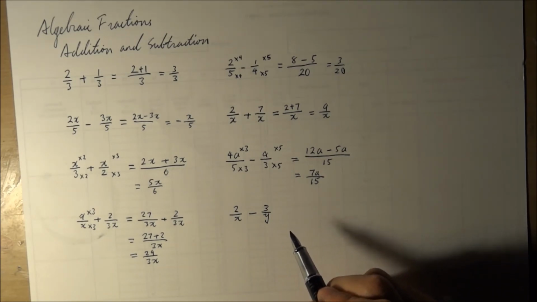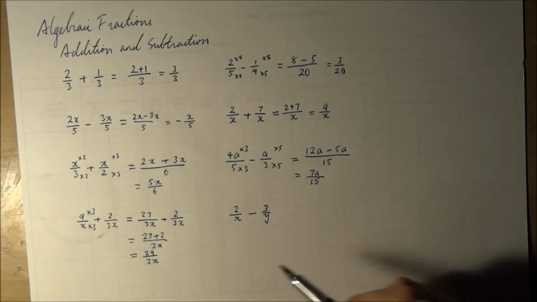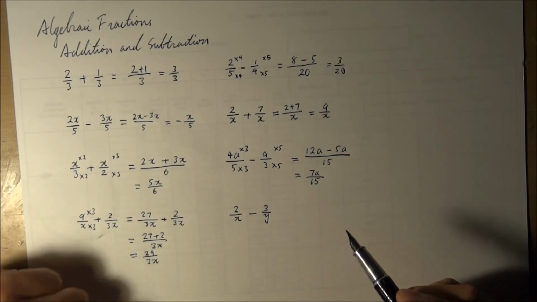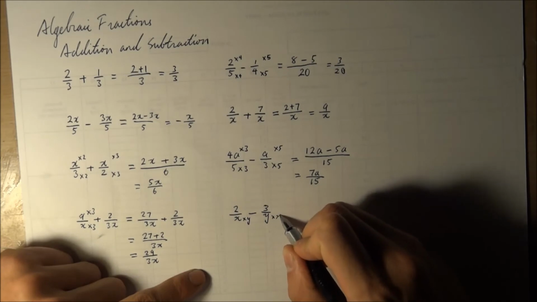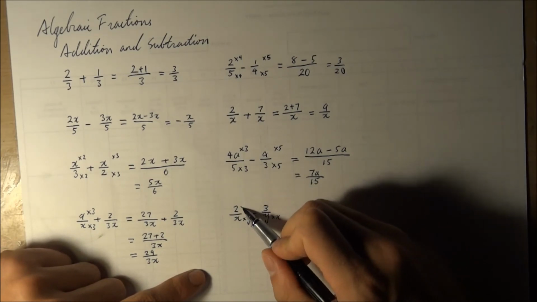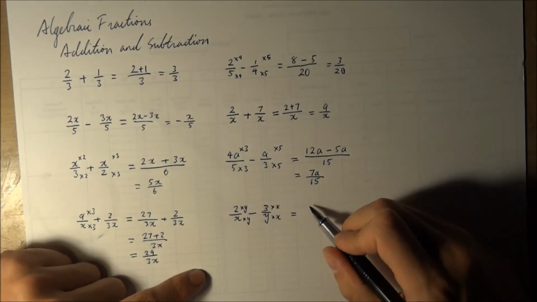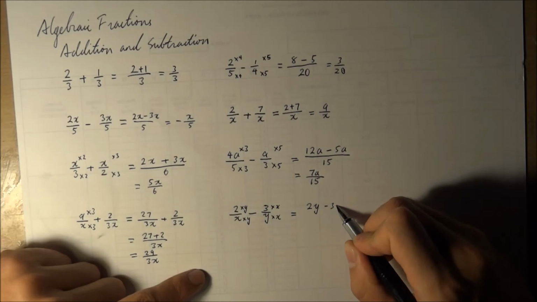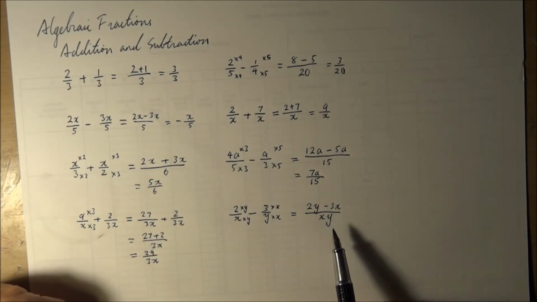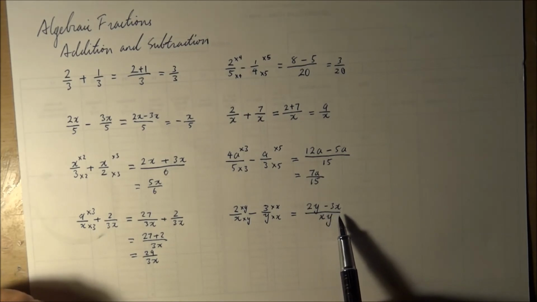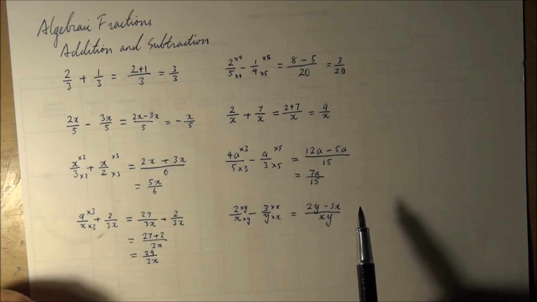The lowest common multiple of x and y is xy. So we multiply this side by y, we multiply this side by x. And the top, we have to do the same. So we have 2y minus 3x over xy. Of course, we can't operate on it any further because these terms are not the same. So we leave it like this.